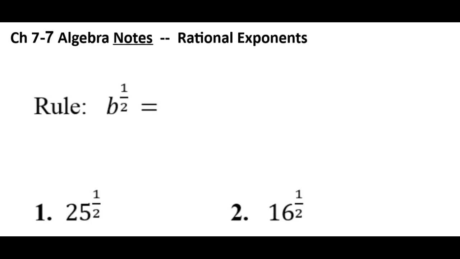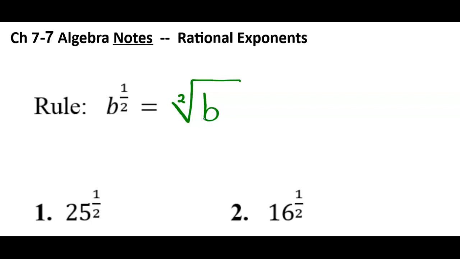So, we've been talking a lot about rules this chapter and definitions and things like that. So, the rule of b to the 1/2 power is the exact same thing as the square root, because there's a little itty bitty 2 there that we understand, of b, okay?